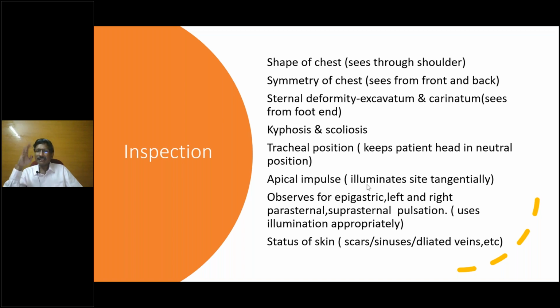Left parasternal pulsations are not common, but you may see pulsations in the right second space, the aortic region, because a large volume of blood goes from the root of the aorta to the proximal part of the aortic arch.